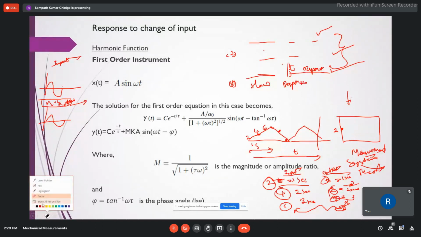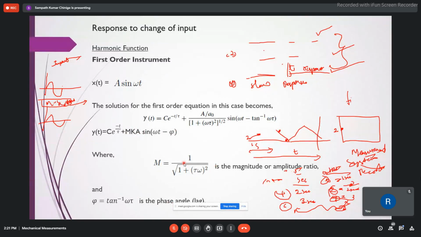I'm not doing anything, I'm just taking A as A, 1 by a naught as the static sensitivity K, which we defined earlier, and 1 by (1 + (omega tau)^2) power 1 by 2 I'm writing in the form of M, and sine(omega t - tan^-1(omega tau)) I'm taking in the form of phi, which I call the phase angle. Phase lag or phase angle.